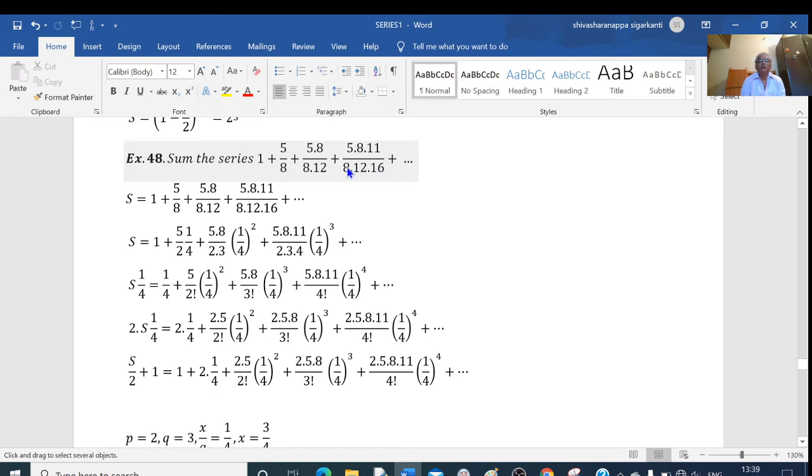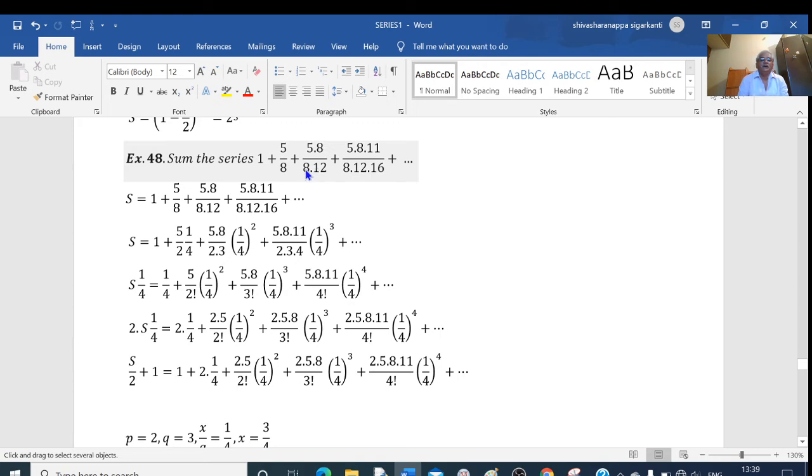I am getting 4 cube here, and 2 into 3 into 4 means 4 factorial. So 4 factorial, 4 cube here. This can be written as 4 into 2, 4 into 3, 3 factorial into 4 square.